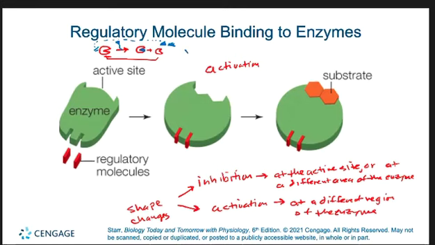And that's inhibition. In competitive inhibition, you bind the active site and don't let the enzyme proceed. And in non-competitive inhibition, you bind someplace other than the active site and keep the reaction from proceeding, okay?